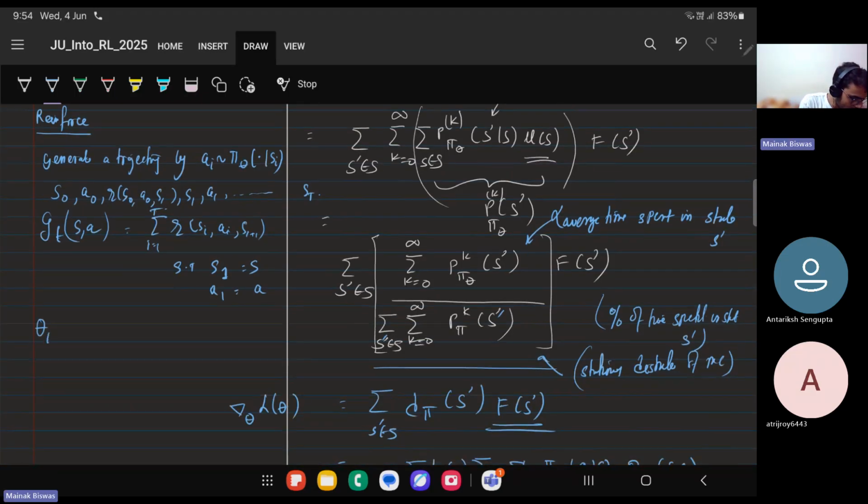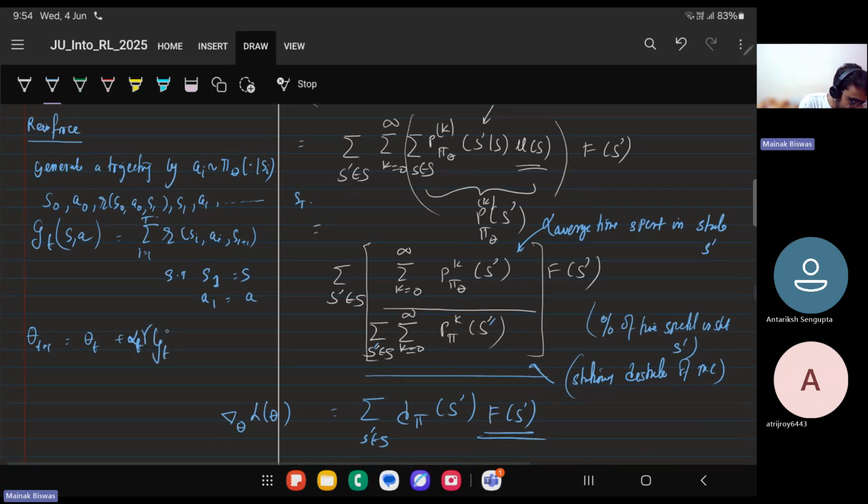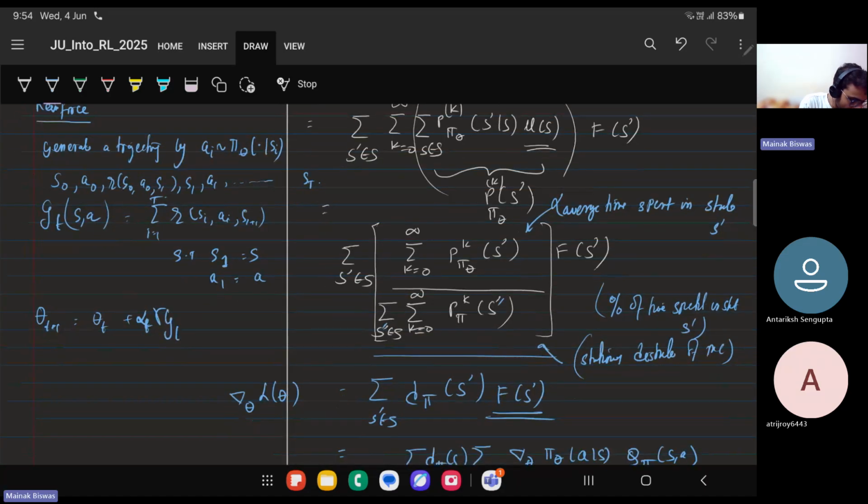And then I can just do theta t plus 1 is equal to theta t plus alpha t, G_t, you can also put a gamma if you want to, and the gradient of log of pi theta of A given S. If I put gamma in here, then I don't even need to put the gamma elsewhere.